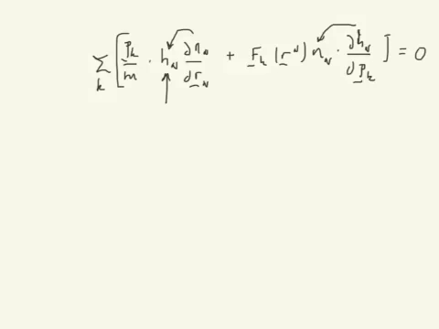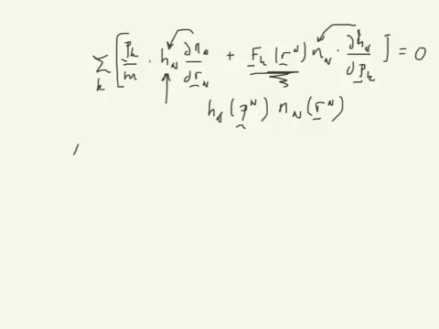So now we can see the two terms involving the two new functions, h sub n, which is only a function of momentum, and n sub n, which is only a function of the configuration of the system. Also note that we've assumed that the force here is only a function of position, and it has also been taken outside of the argument of the derivative with respect to momentum.